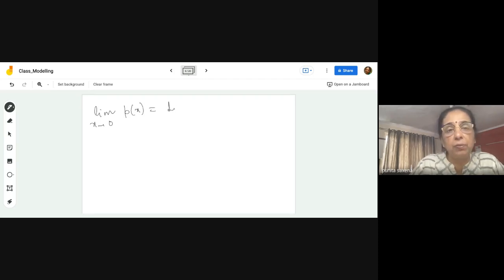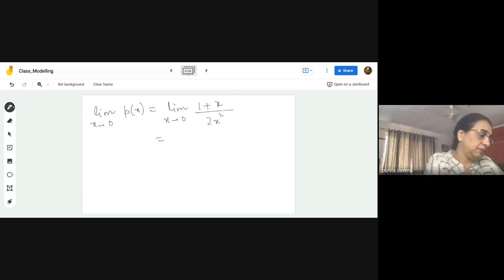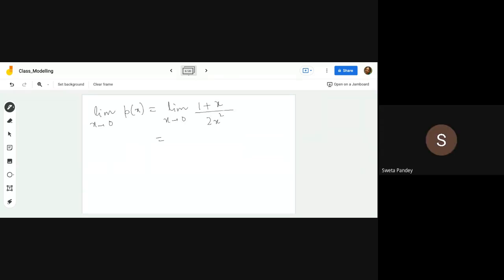And what will be the limit as x tends to 0 of p(x)? It will be the limit as x tends to 0 of (1 plus x) upon 2x squared. Now, how much is the limit here? Infinity, right?